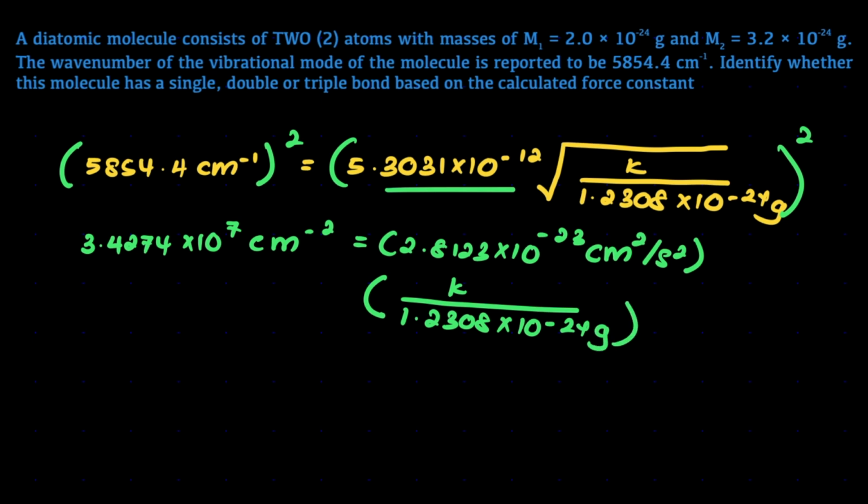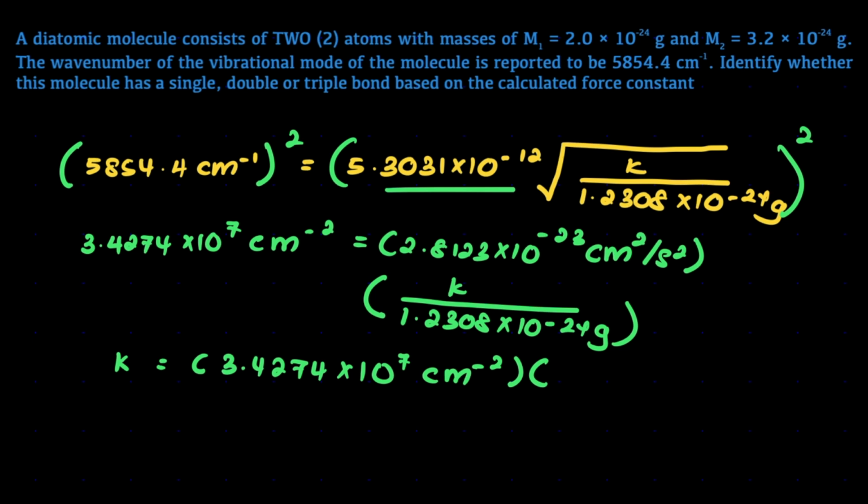Right, so we are going to rearrange this, and you shall end up having k equivalent to 3.4274 times 10 to the power of 7 per centimeter square.